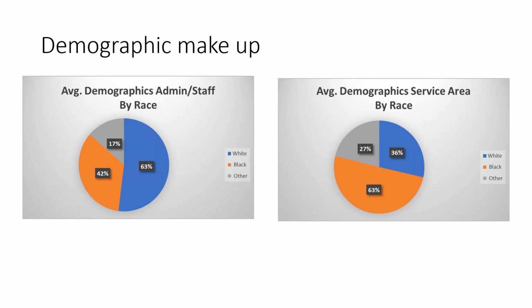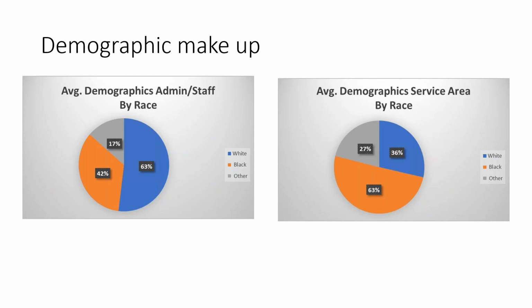One specific barrier that was identified was the discrepancy between the human resource makeup of the organization when compared to the individuals they serve. On average, 63% of the governance, administrative, and service staff of the organizations were white, while only 36% of the population they served were white.